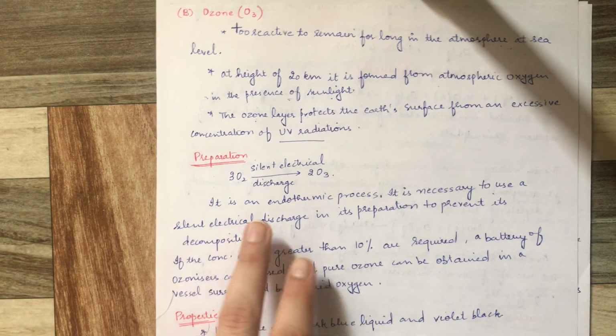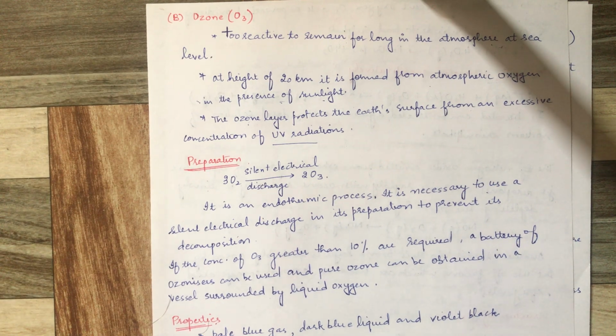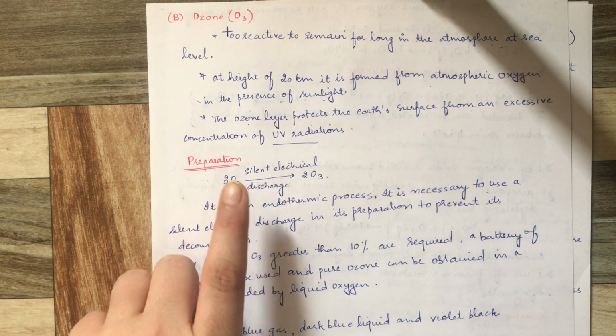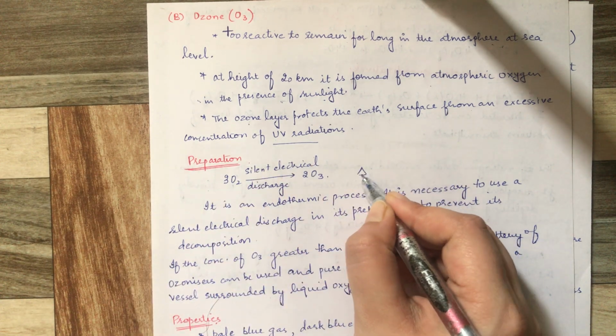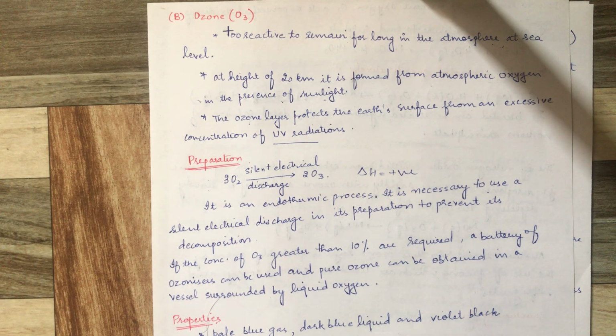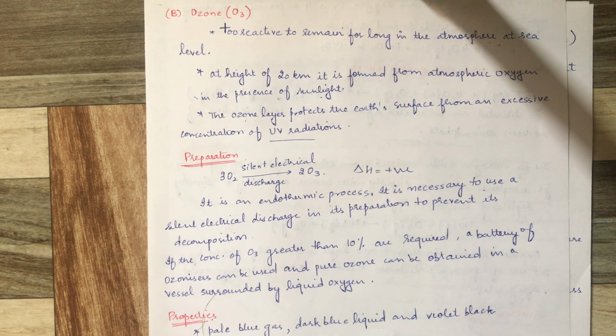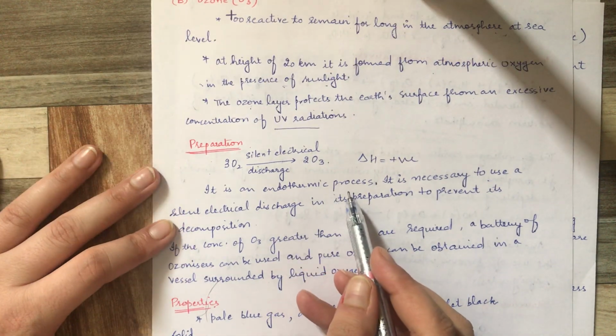How is it prepared? When a silent electrical discharge, continuous electricity, is passed through oxygen, it combines to give O3. This reaction is highly endothermic, meaning you have to keep giving energy so that oxygen reacts to form ozone.